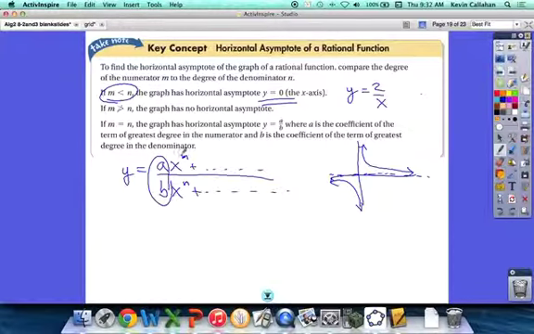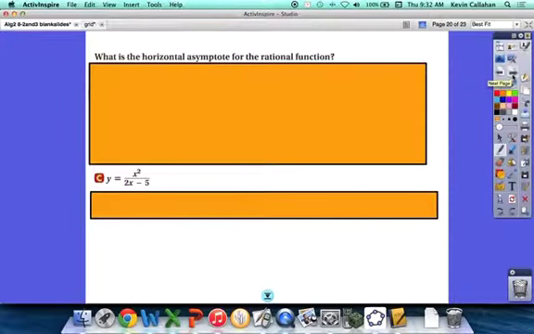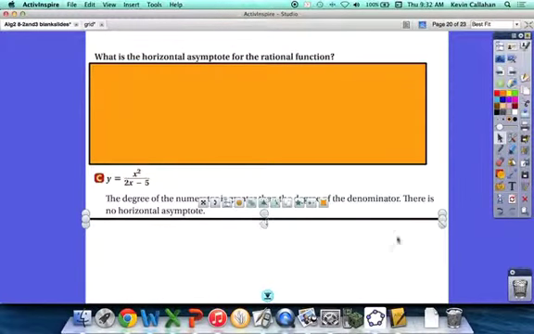What is the horizontal asymptote? There is none. You apply the rule: since the numerator is bigger, we're going to say no horizontal asymptote.